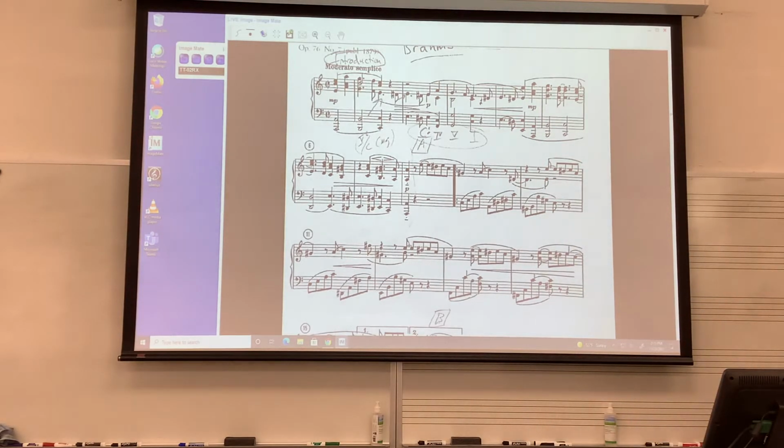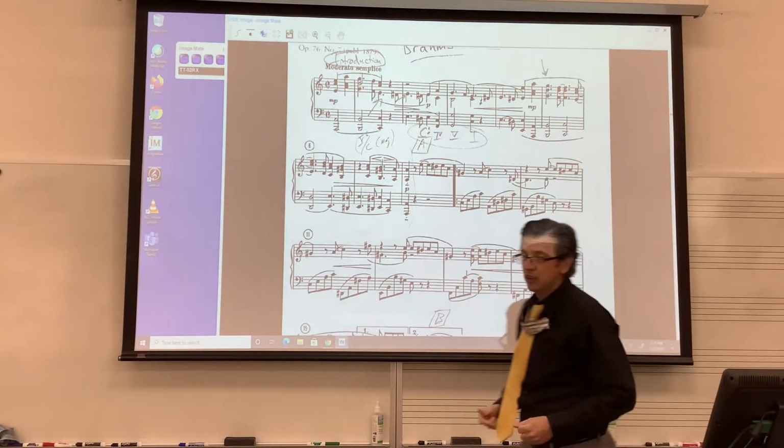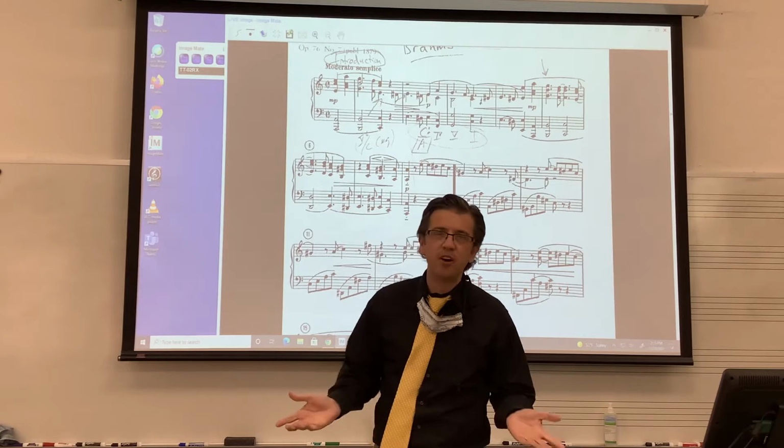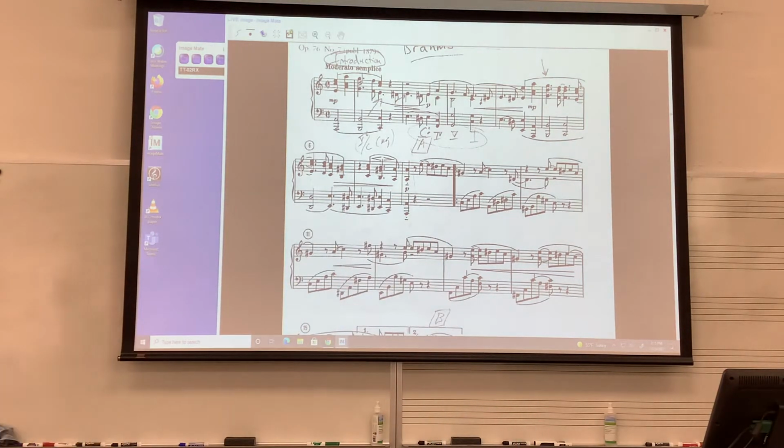Then we get into measure 5, and we get this rhythmic syncopation, which sort of blurs what all the harmony is, because the left and right hands are out of sync. This is starting in measure 4.